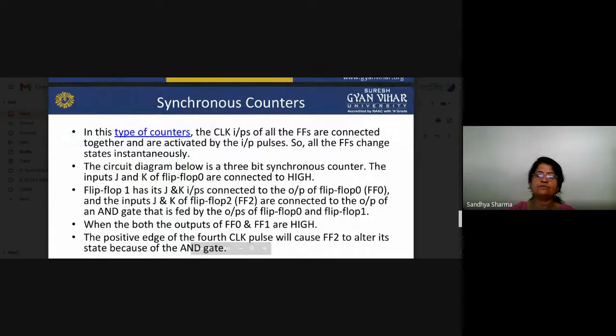Now we will again switch to the synchronous, because we have to design a synchronous decade counter. There is again an option for designing a synchronous decade counter. First of all, we slightly revise the synchronous counter. That is a 3-bit synchronous counter, meaning all the flip flops are clocked at the same time.